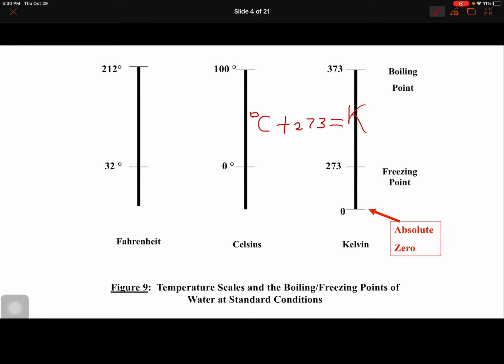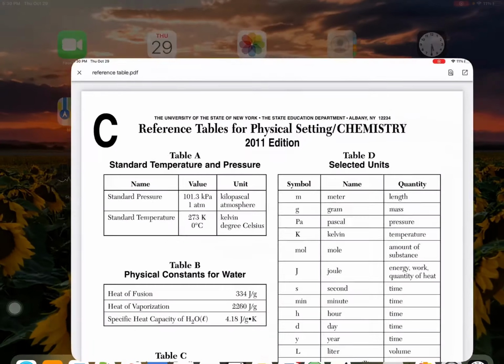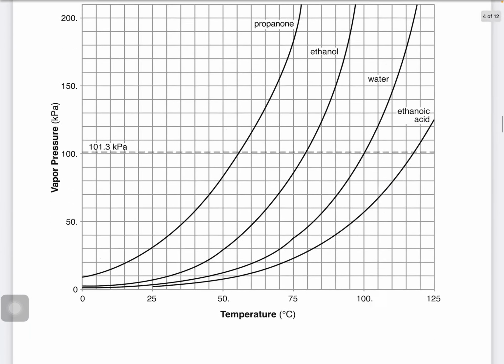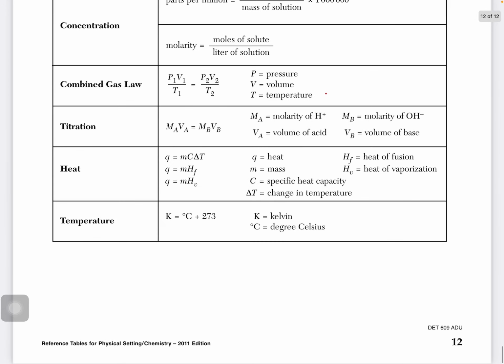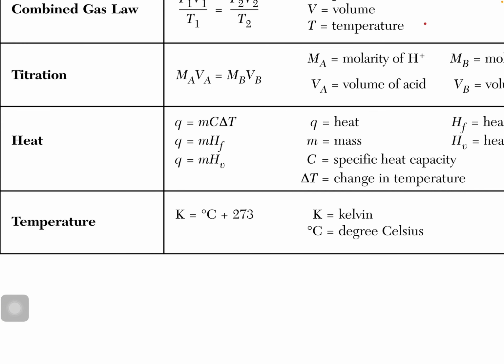If you go to table T of your reference table, which I am going to pull up right now, the last formula on table T, the last thing on the reference table, gives you your temperature formula as Kelvin is equal to Celsius plus 273. So now you know you don't need to remember this. It's on table T, as in, thank goodness I don't need to remember this.